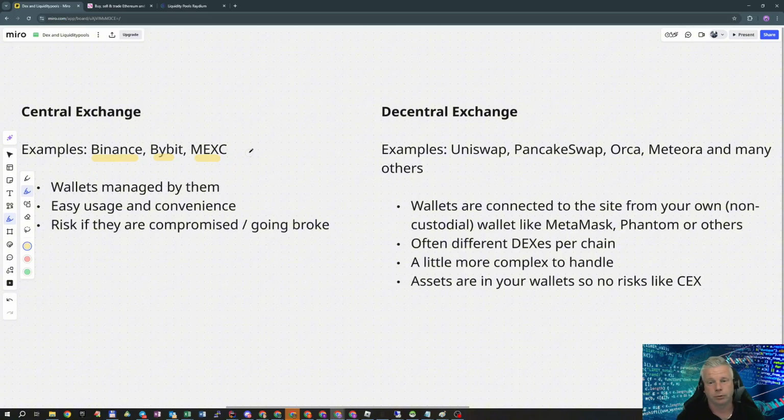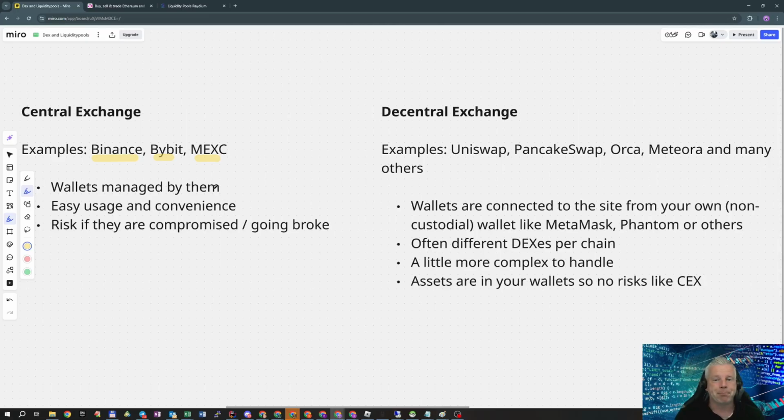In Holland, we have Bitcoin Meester and Bitvavo, for example. Well, what's the point with a central exchange? You just send them your crypto, or they let you pay and buy crypto with your direct payment methods or a credit card or something like that.